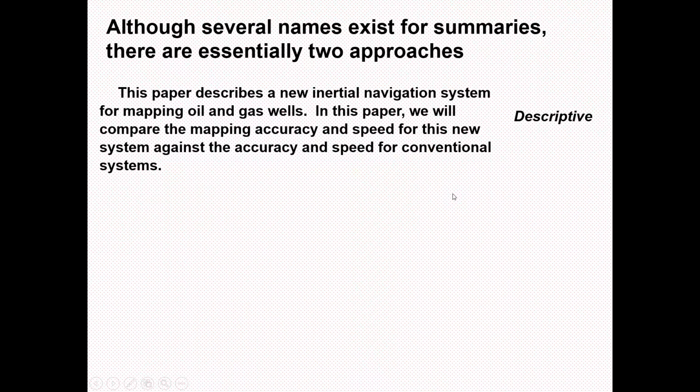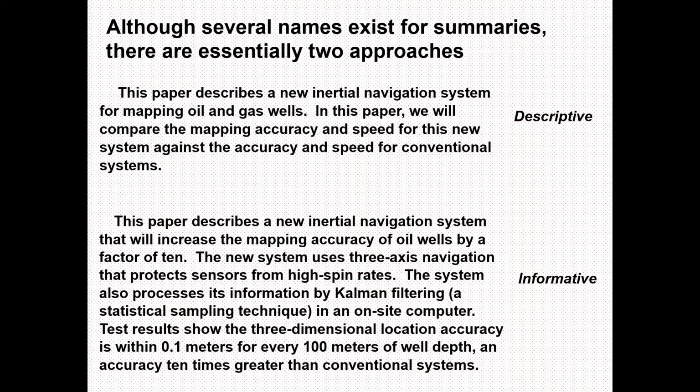Unlike that, you should have an informative summary or informative abstract. If you want to give an informative abstract, you should modify your abstract like this: this paper describes a new inertial navigation system that will increase the mapping accuracy of oil wells by a factor of 10.